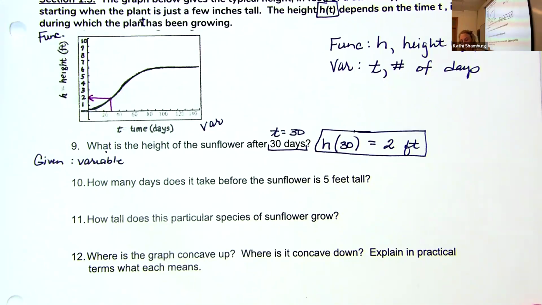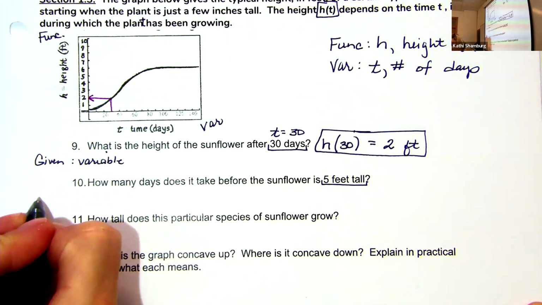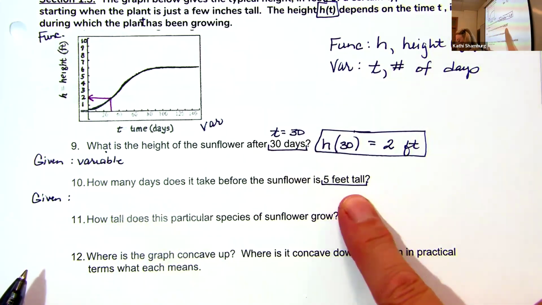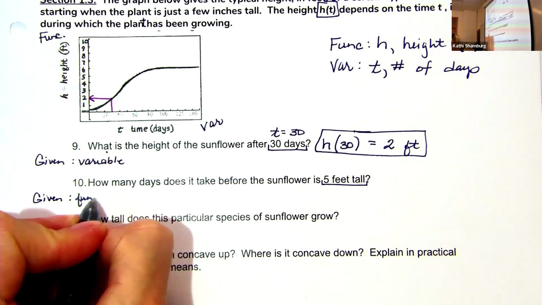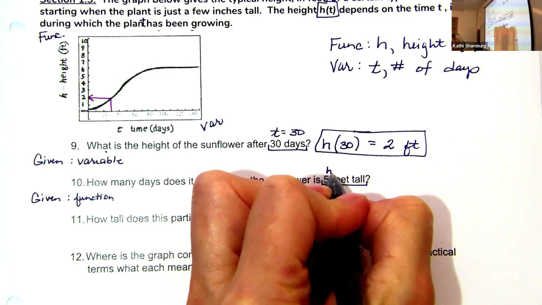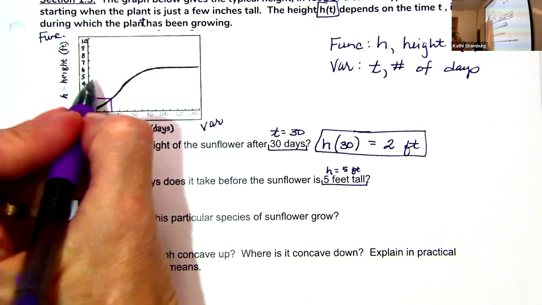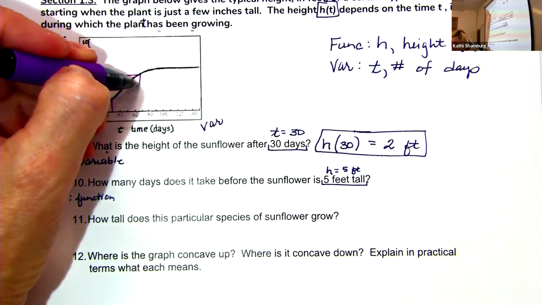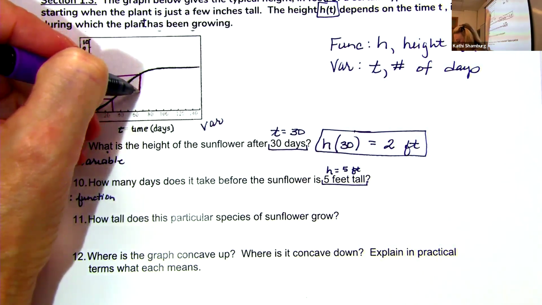How many days does it take before the sunflower is 5 feet tall? So are we given function or variable? 5 feet, feet goes with function, so we're given function. So this is H equals 5 feet. Come up here to my H to 5 feet and then go across. And down. Where do you guys fall? 60. Okay.